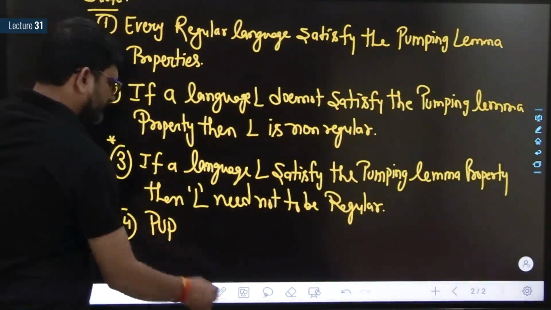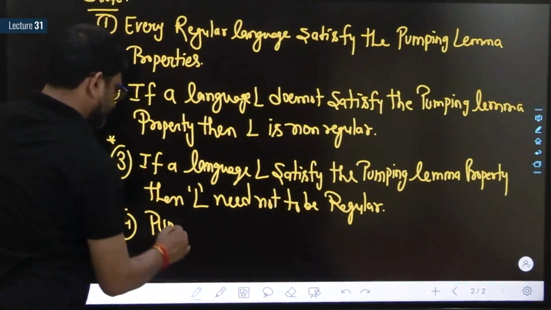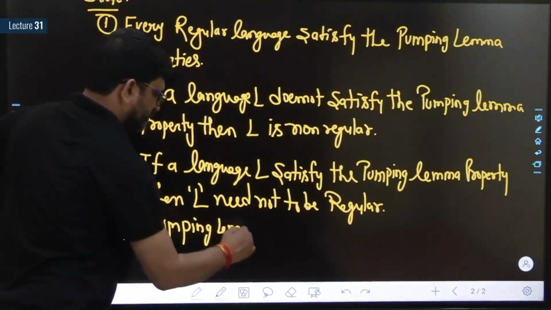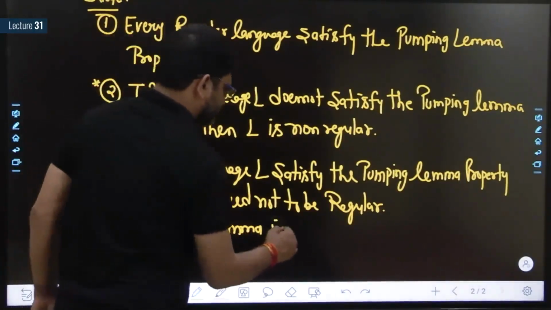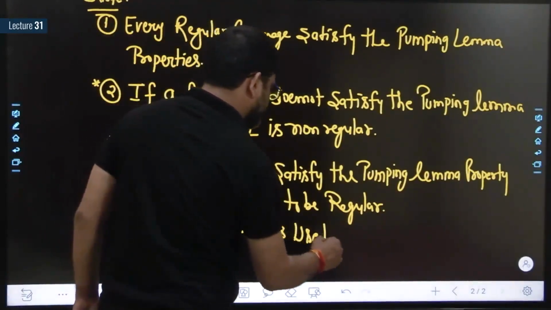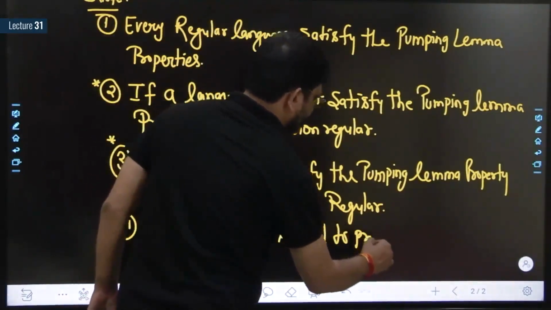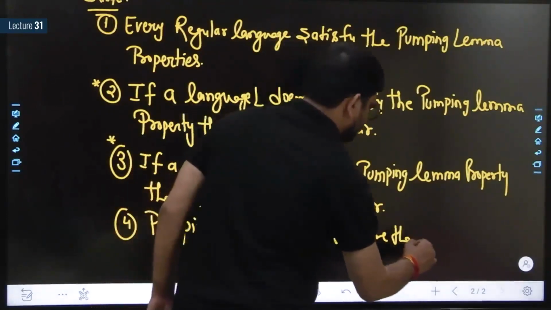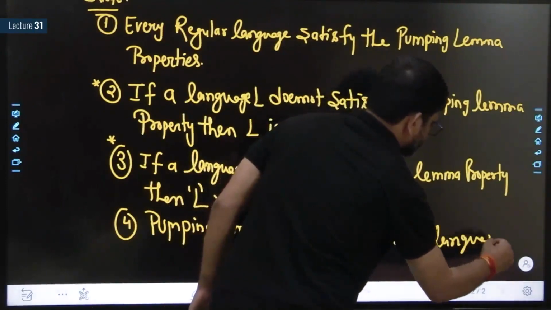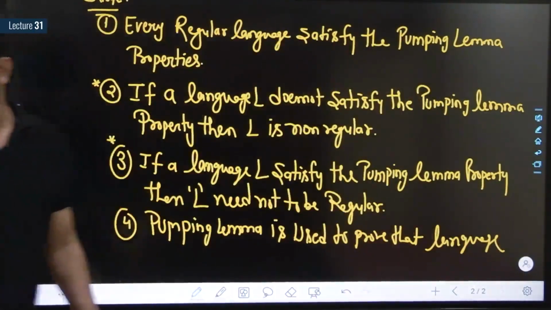Next, the pumping lemma is used to prove that a language is not regular.